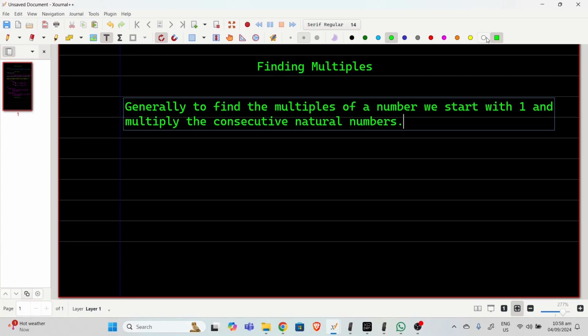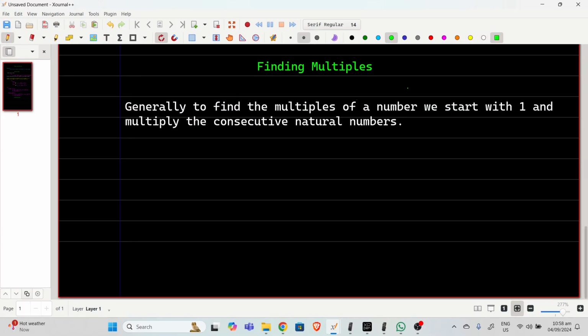Let me put this in white. And again, let me put a little example. If I want the multiples of 3, I would take 1 and multiply by 3, where 1 is the first natural number.